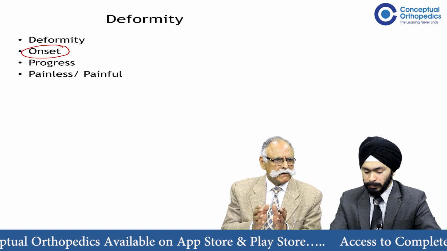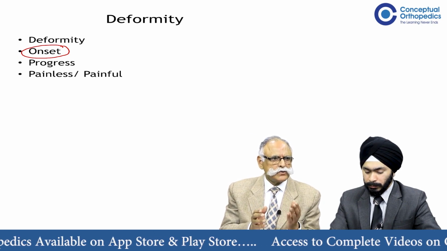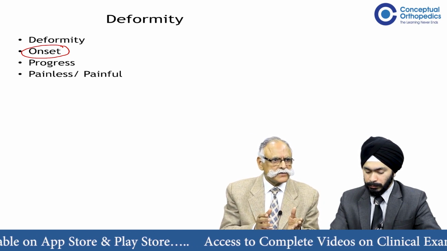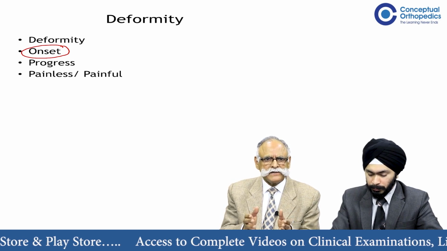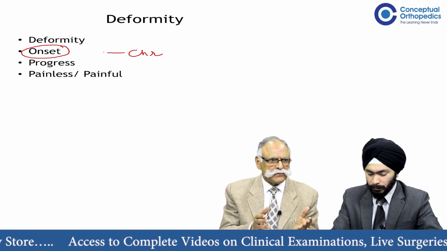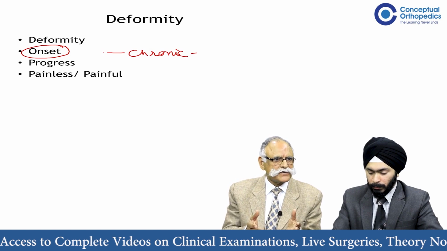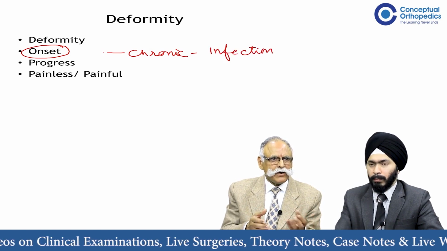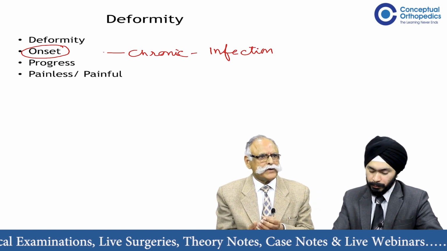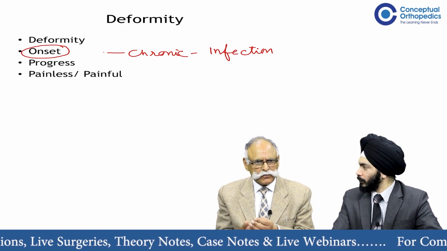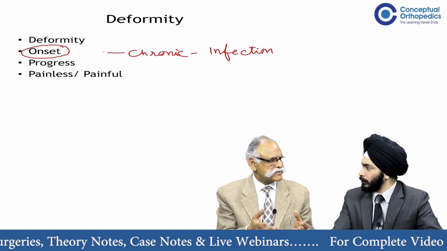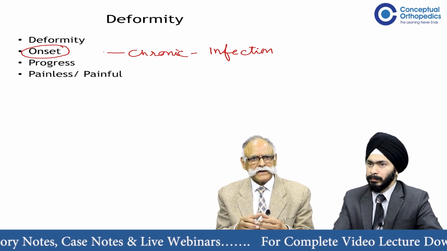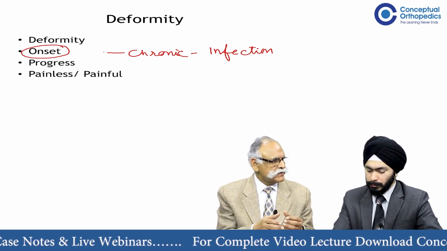Or the deformity could be of a very chronic duration, as in infective conditions, a slow-growing, insidious onset of infection like tuberculosis. The ankle could have a deformity, or the foot as a whole could have a deformity. Whether this deformity is progressing or not is another feature which needs to be noticed.